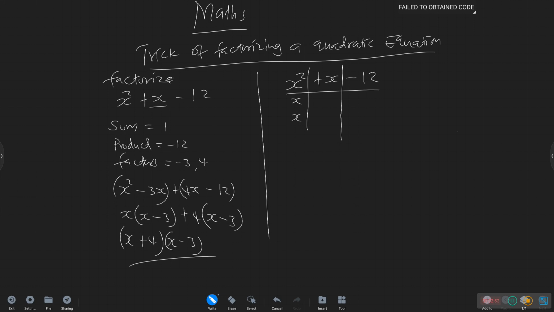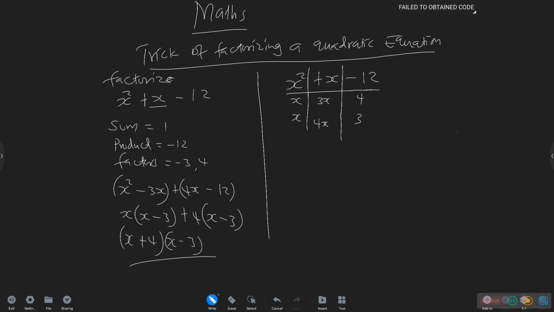We start with the smaller, which is 3, and then we start with the bigger. The two factors that we can multiply are 3 and 4. You start with the bigger 4 and the smaller 3. And then we multiply, this one gives you 3x. When you cross multiply diagonally, you get x times 4, we get 4x.